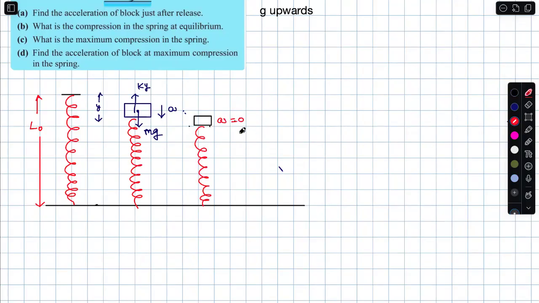When acceleration is zero, that is called equilibrium. In that case, we will call this some y naught. At this point, k y naught becomes equal to mg.